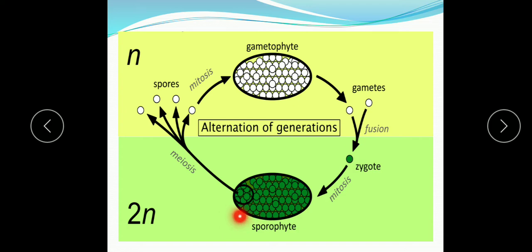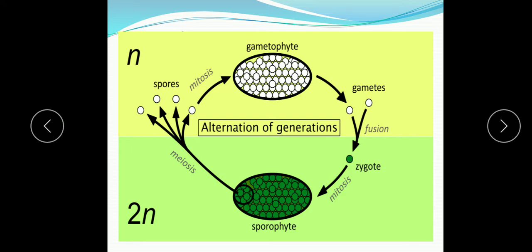The sporophyte is attached to and dependent on the gametophyte itself. The diploid sporophyte forms haploid spores by meiosis, and by getting moisture they develop into the gametophyte. So the process of alternation of sporophyte and gametophyte in the life history of a plant is known as alternation of generation.